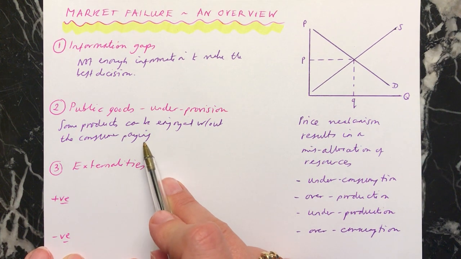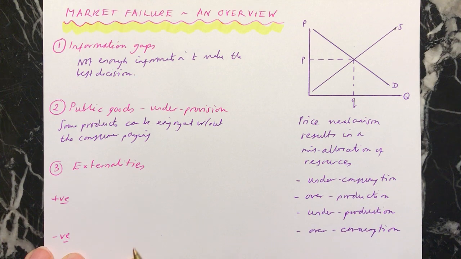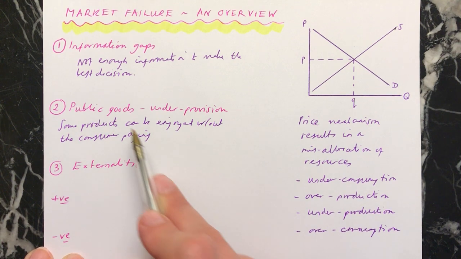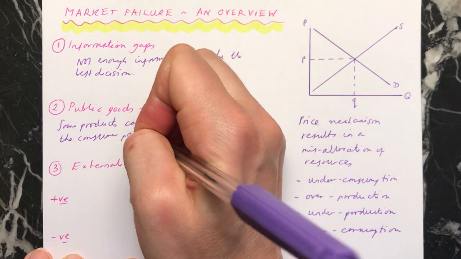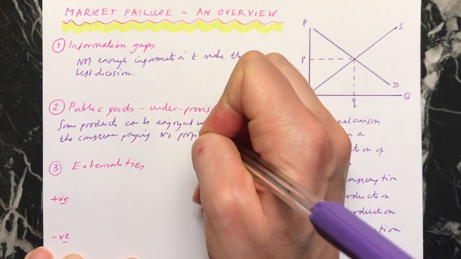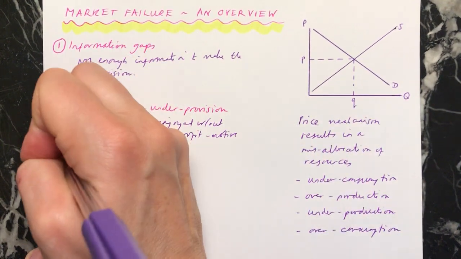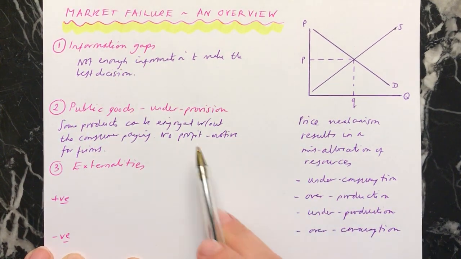So, for instance, firework displays, you can enjoy looking at a firework display from your house. You haven't paid to go and see it. That's a public good. And also, it might be that businesses are thinking about providing a public good, but actually there's no incentive for them to provide it because it doesn't make a profit for them. So there is also no profit motive for firms. So this would be another reason why there isn't enough of them being provided.